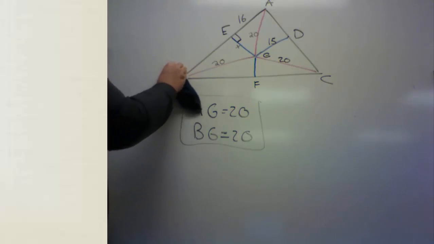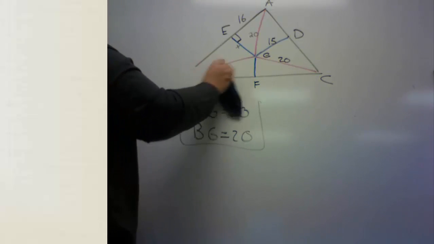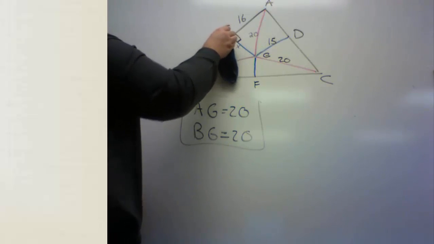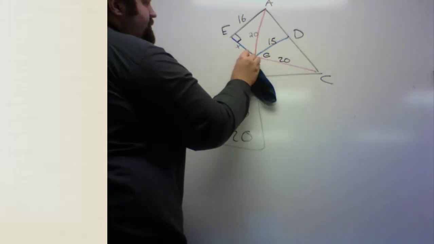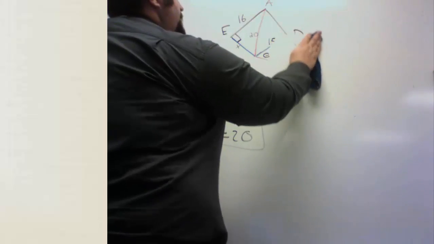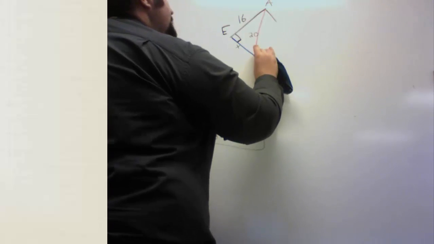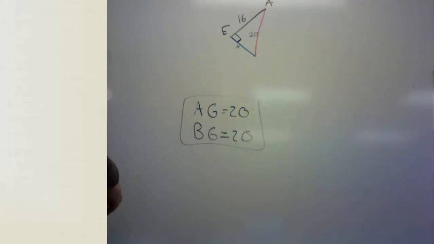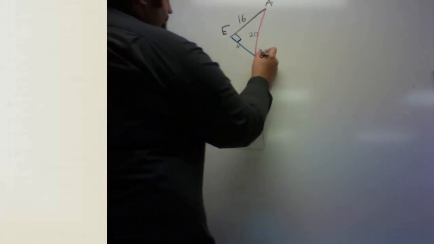I'm going to erase this part up to the blue line, and I'm going to stop erasing there. Then I'm going to erase this red line up to this circumcenter. I'm going to erase this corner of the triangle, and I'm going to leave this alone. And yeah, I erased G, but this is G here.